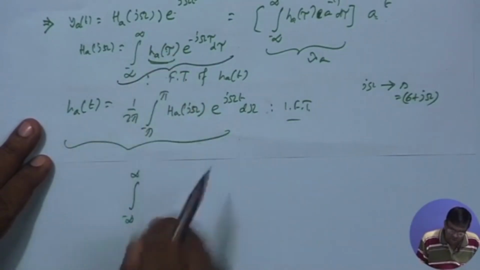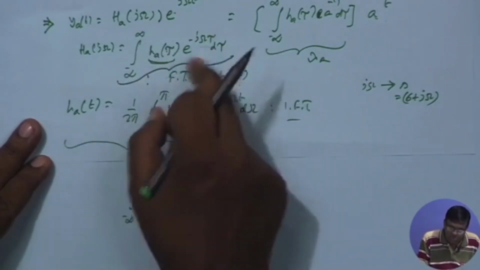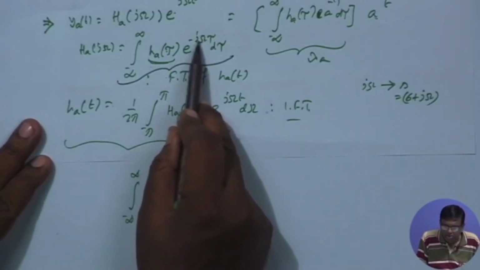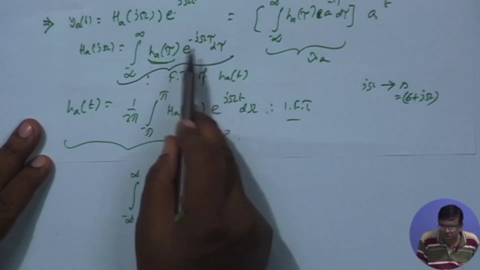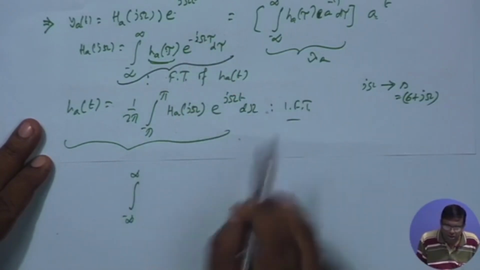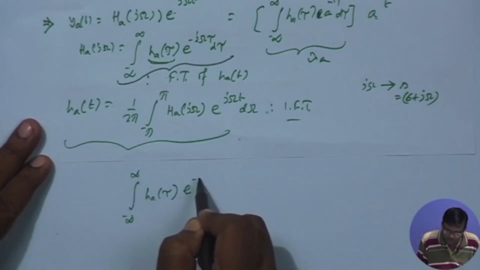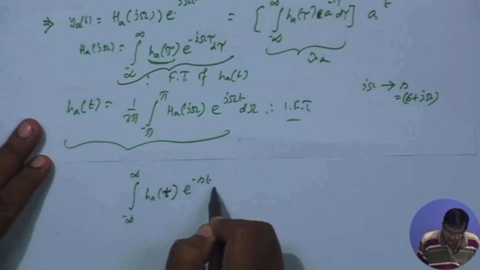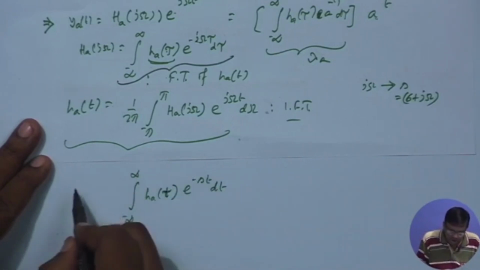I am repeating, this is not this; I am trying to generalize this form here. There is only one imaginary part, j omega. Why not have a more general complex variable which will have both real and imaginary part. So, something of this kind, s, you can make it t also. So, this is a more general integral and we will call it the Laplace transform, H_a(s).